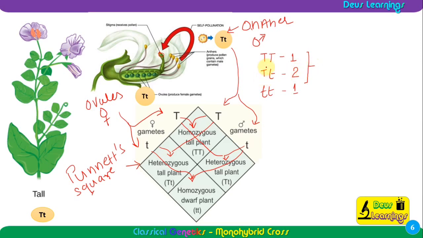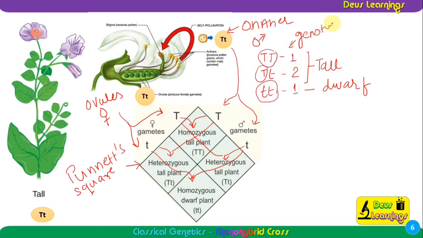Definitely there is always a dominant character here, at least one dominant character. That means they are going to be tall. And this one is going to be dwarf. So this will be the genotype, and this will be the phenotype.